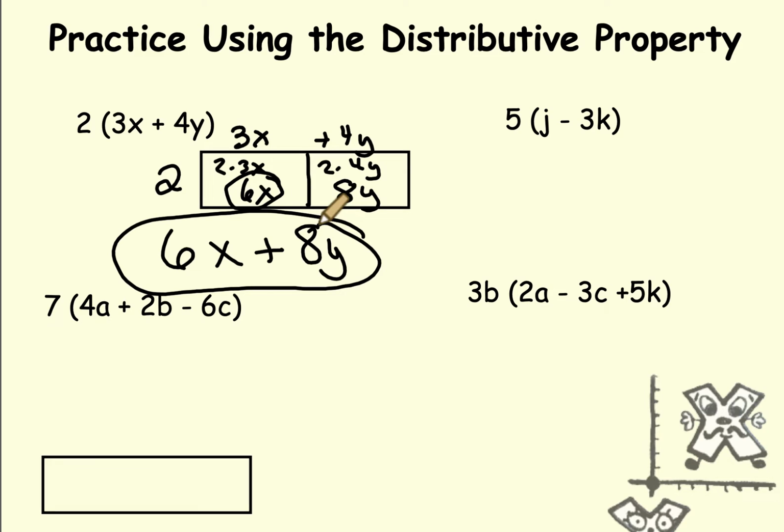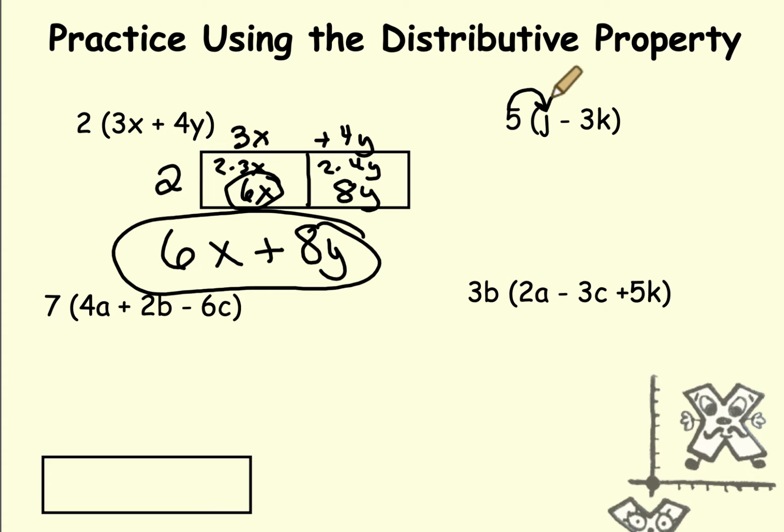Now, do I have to use the box every time? No. If you want, you don't have to use it. Another thing that I see some students do, which a lot of teachers do as well, is they use some lines to help students remember how to distribute. If the factor you're distributing is on the left, then you distribute to the right.